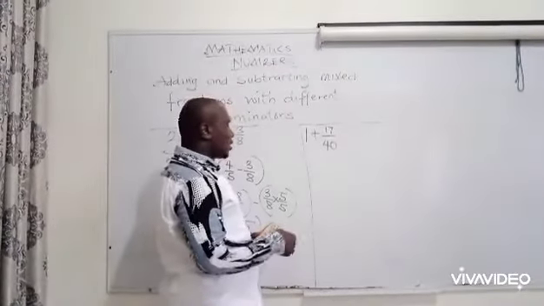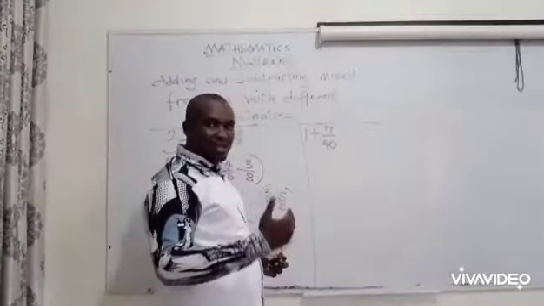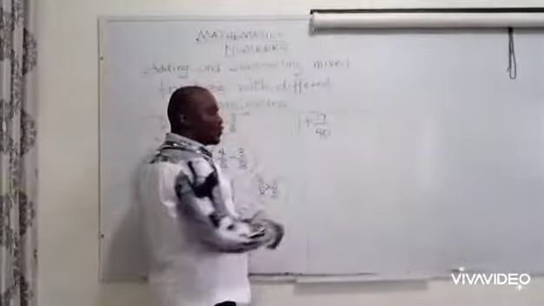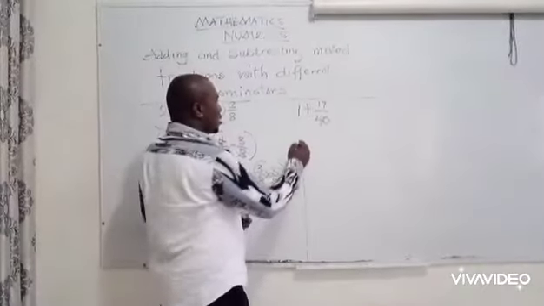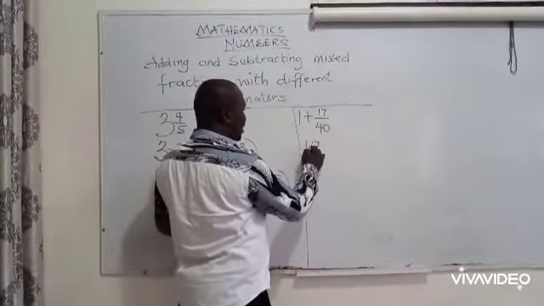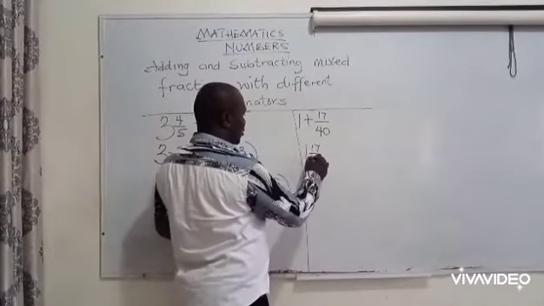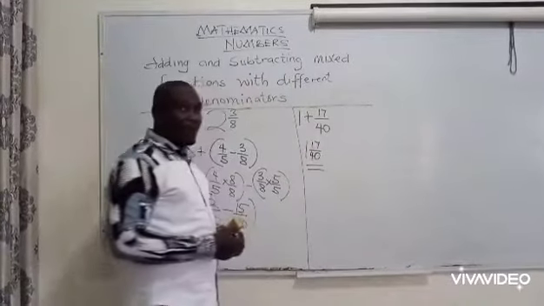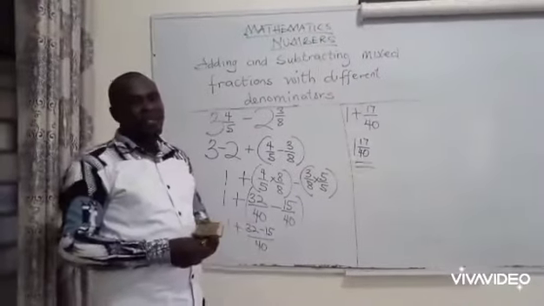This means that we cannot reduce our fraction. So we add it to the whole number. So our final answer becomes one whole number, 17 out of 40. Very simple. Very, very simple.